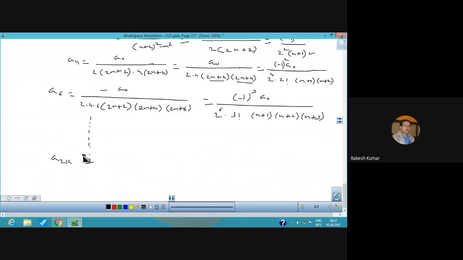और even. So that will be -1 raised to power k a naught divided by, you will have 2 raised to power 2k, even यूज कर रहे हैं, into k factorial into (n+1)(n+2)(n+3). अब ये सारे आ रहे हैं, 1 भी आ रहा है, 2 भी आ रहा है, 3 भी आ रहा है, तो लास्ट में (n+k).